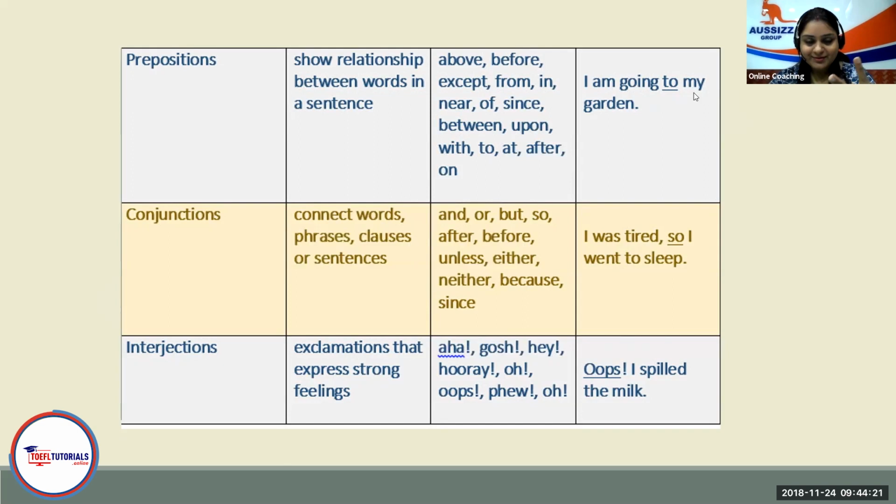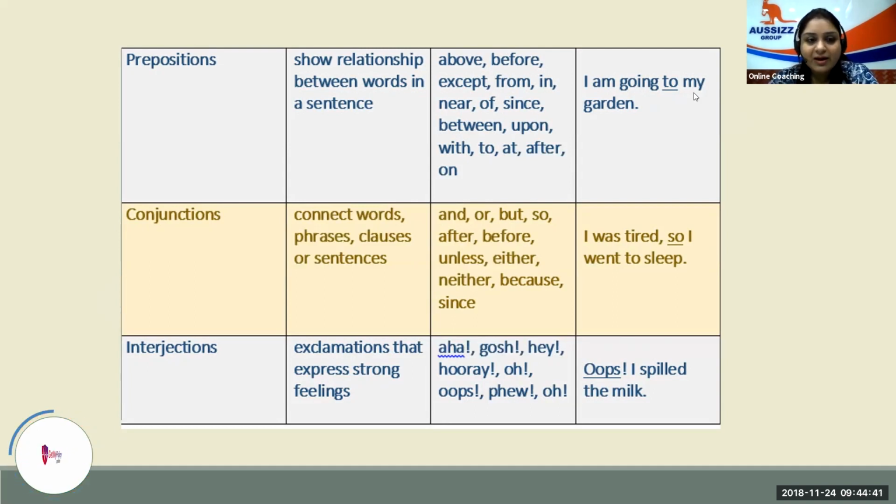One is coordinating conjunction, where I suggest students to always use compound sentences. Compound sentences in your writing part help you to improve your band marks.